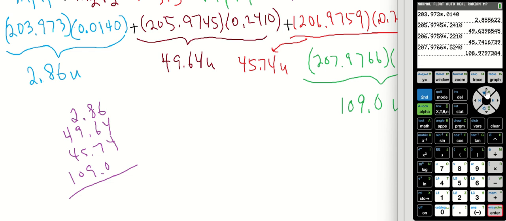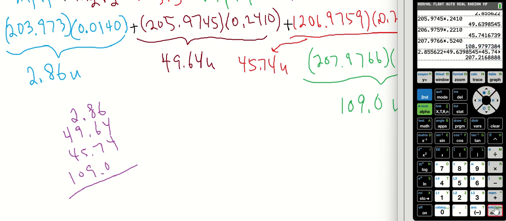All right, so let's punch these numbers in. There's my first number, plus my second number, plus my third number, plus my final isotope, equals 207.2. I can only have that 2, 207.2.